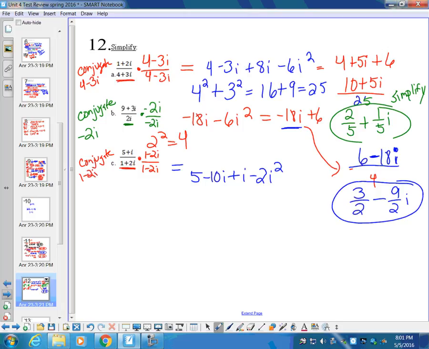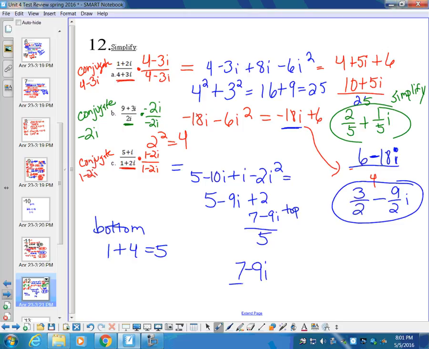Okay, so my top looks like this. 5 minus 9i plus 2, or 7 minus 9i. This is the top. Now bottom, do our shortcut. 1 squared is 1, 2 squared is 4, so the bottom equals 5. And you cannot simplify that, so our answer is 7 minus 9i over 5.